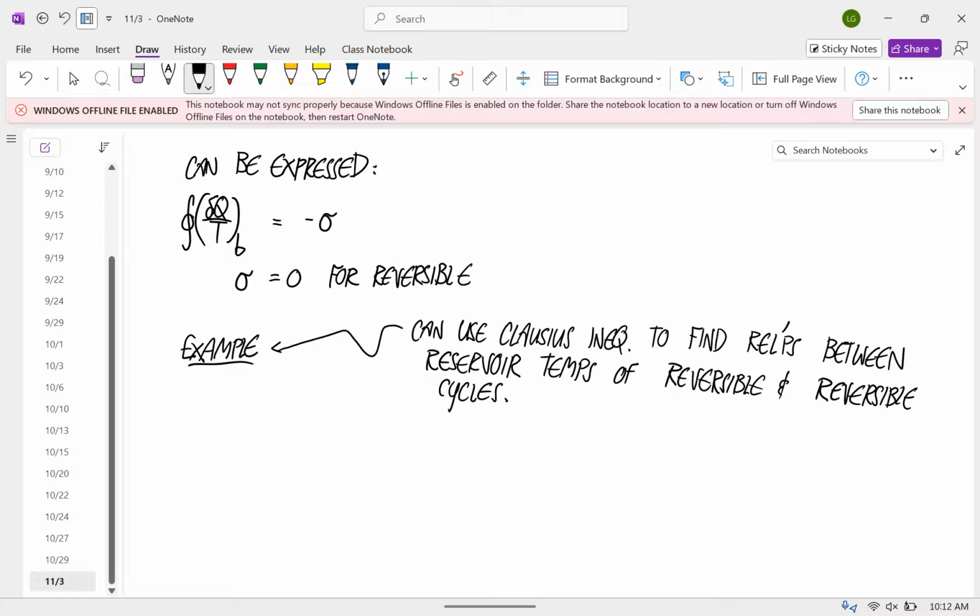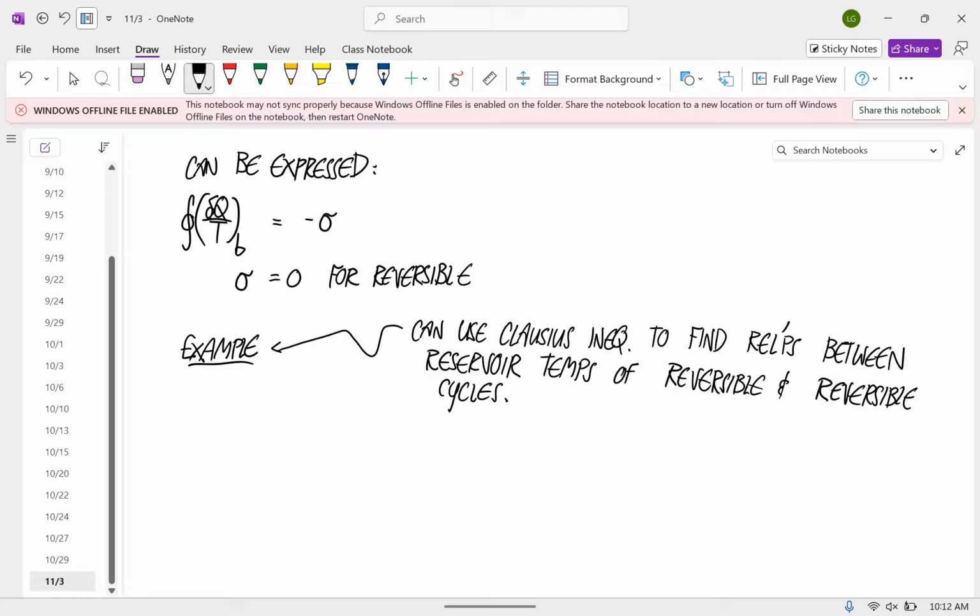For example, if you have a refrigeration cycle and you know that the hot reservoir is the same for a reversible refrigeration cycle and an irreversible one, what is the relationship between the temperatures of the cold space in the two? You may be able to have intuition about that, but this will let you calculate it. I'm sure there's a problem or two like that. So we're going to do an example like that right now.